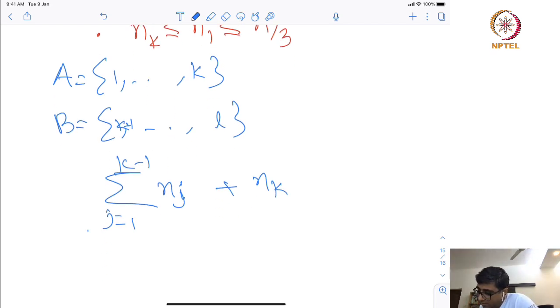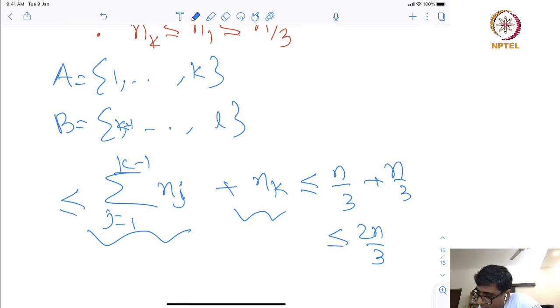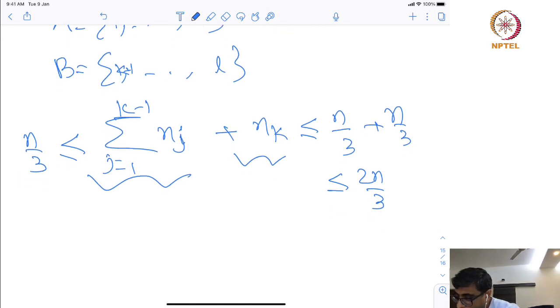Now what is this? I know this is strictly less than n over 3, right? And what is nk? nk is also upper bounded by n over 3. So this is at most 2n by 3. And by choice of k, what do we know? This whole sum is at least n over 3. So again, we are able to prove that the sum of the integers in index set A is at least n by 3 and at most 2n by 3.